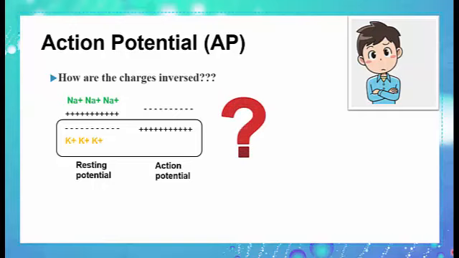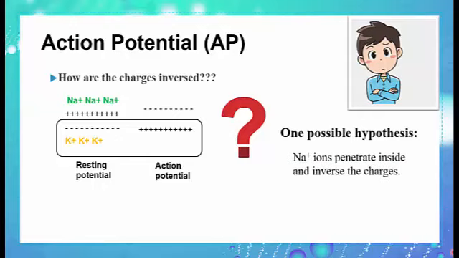So, what happened exactly to inverse these charges? One possible hypothesis we have is that sodium ions penetrate inside and inverse the charges. When sodium ions are outside and they can diffuse only to inside, when they penetrate inside, the charges inside will become more positive than outside.